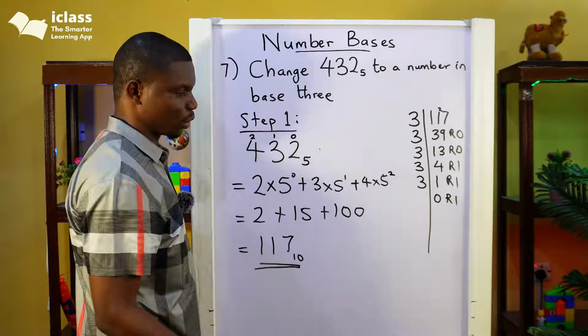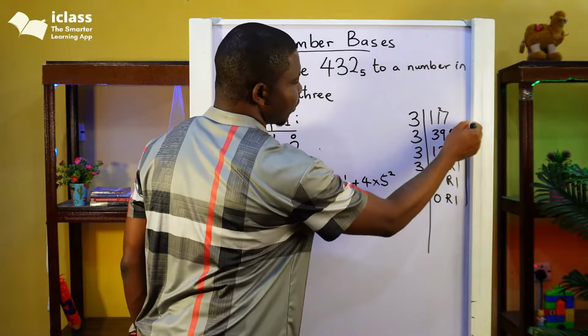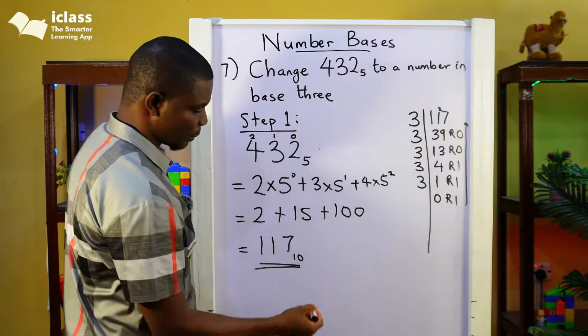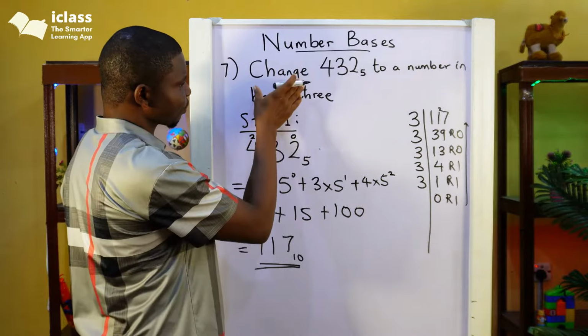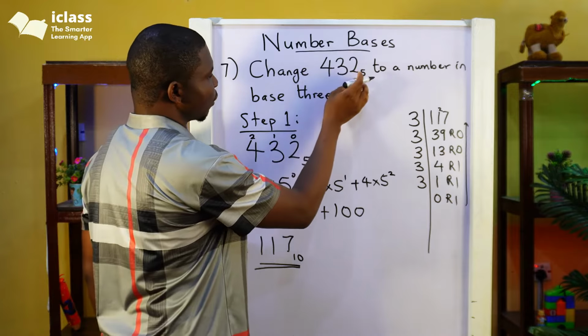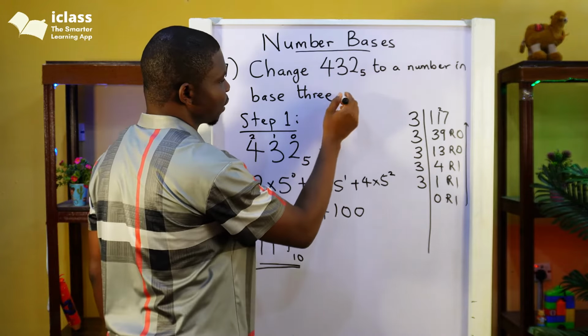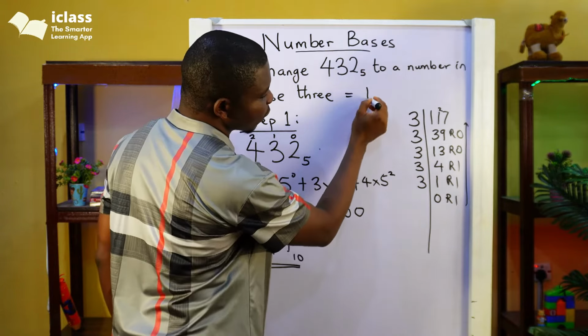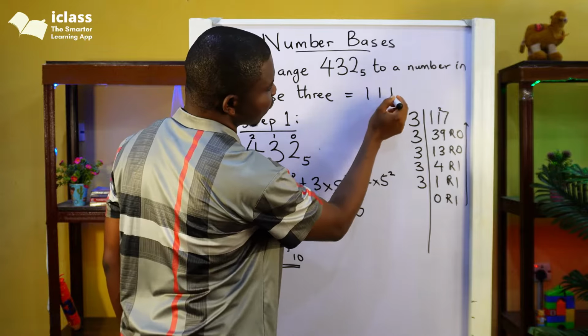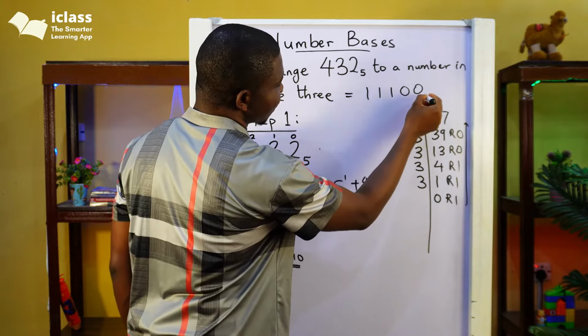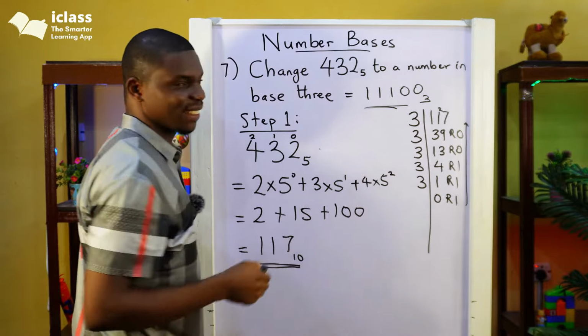So when we get to 1, we stop, and then we read up the remainder from bottom up. So we have 432 base 5 in base 3 as 1, 1, 1, 0, 0 base 3.